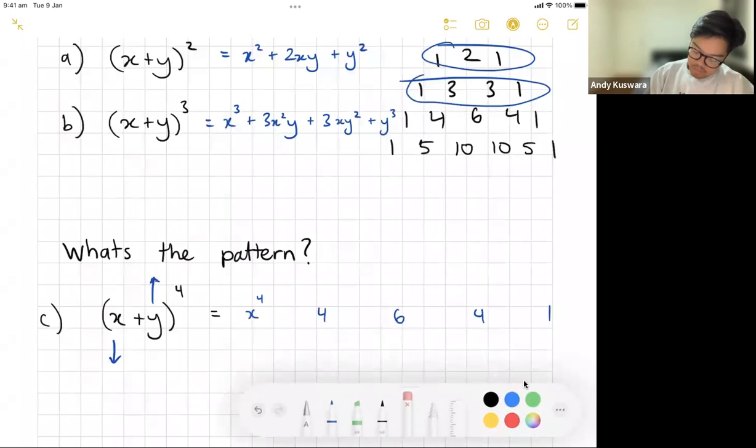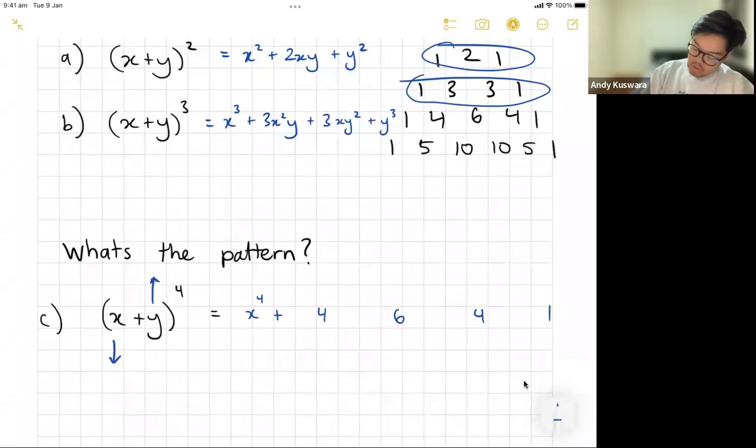Now for the next term, it's going to be 4 lots of x, and the first term now has one less power, and the y's start to go up in power, just y to the power of 1.